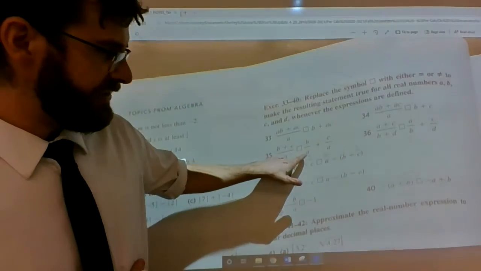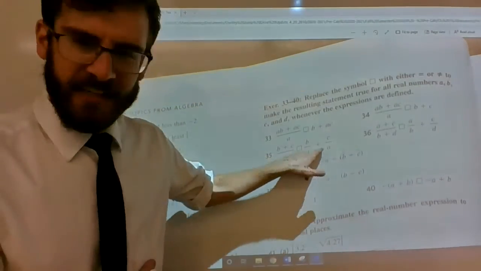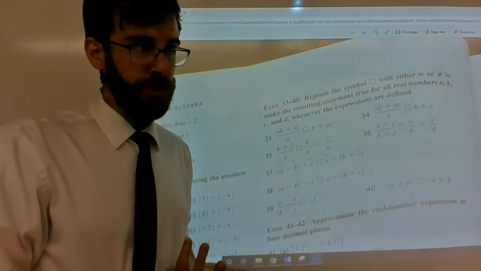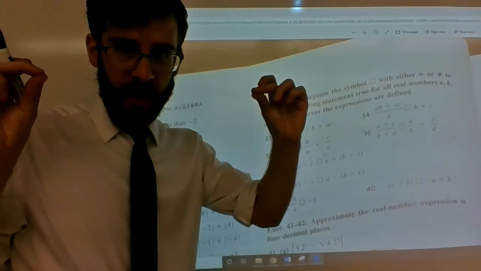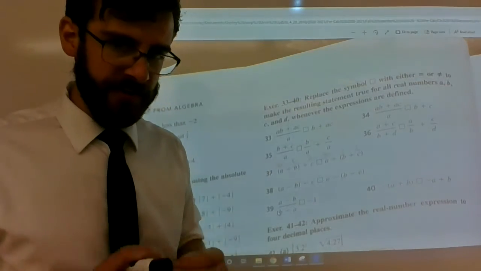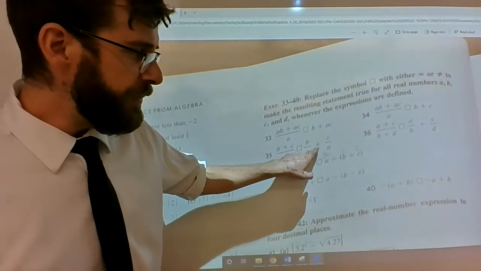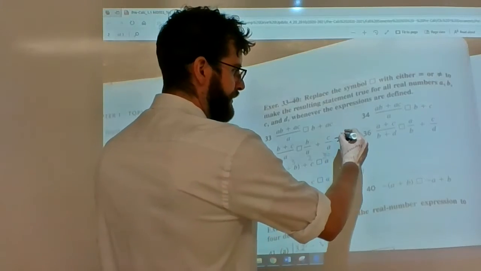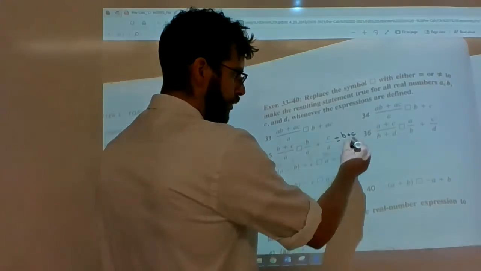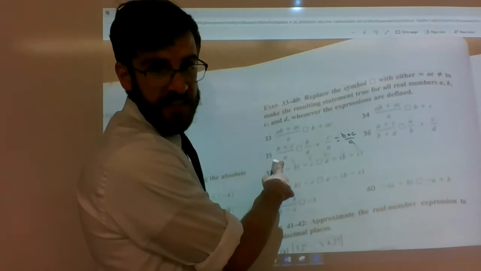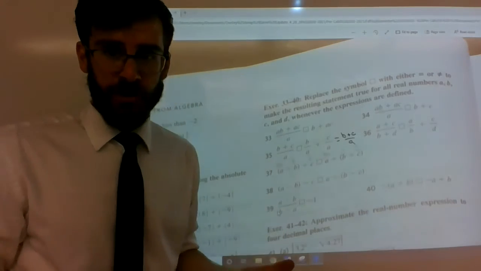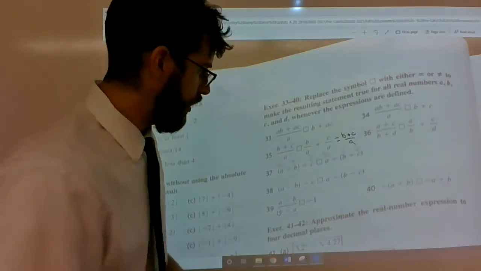So when I see the right-hand side, they have common denominators. You can just straight up add the numerators of fractions whose denominators are the same. So the right-hand side should be combined as B plus C all over A, which is exactly what the left-hand side is saying. So you just say, yeah, it's equal, always.